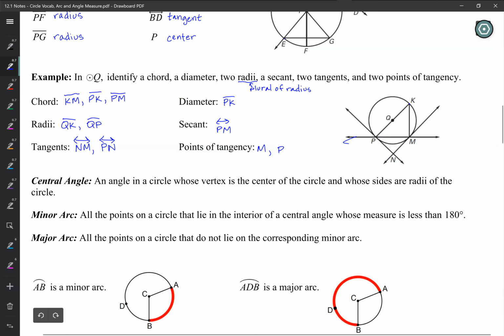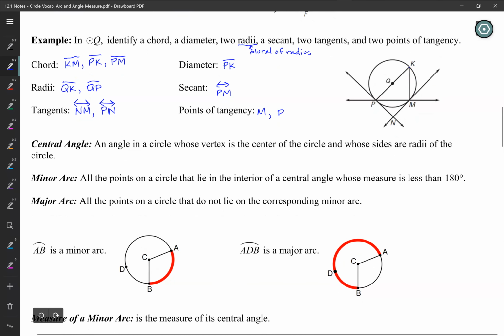So be clear about whether you're talking about the segment or the line. Now we're going to shift to talking about angles inside circles and arcs.